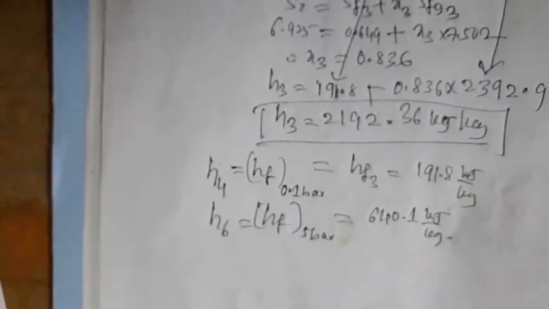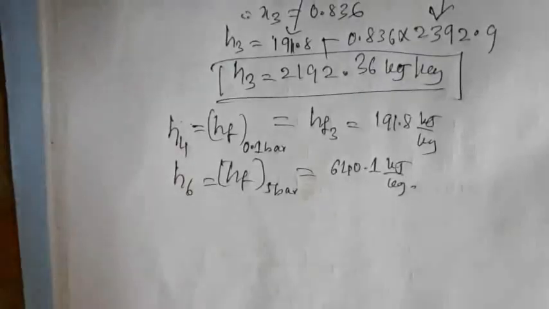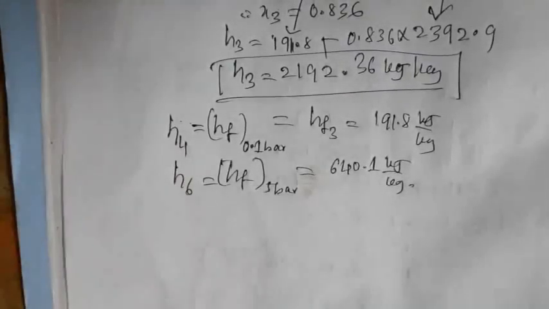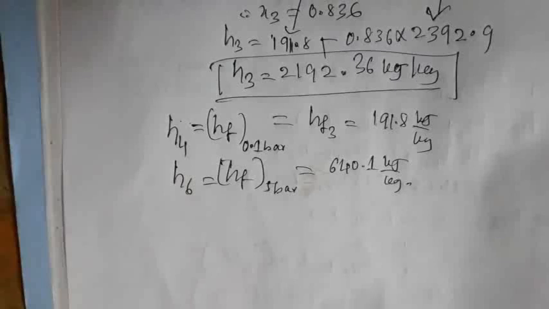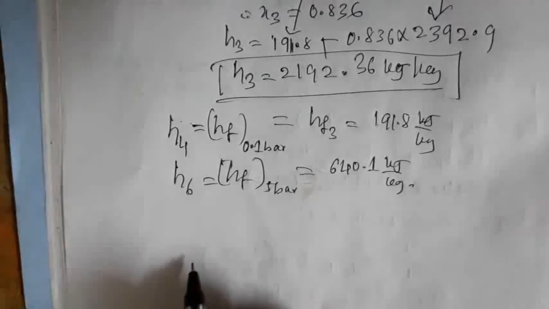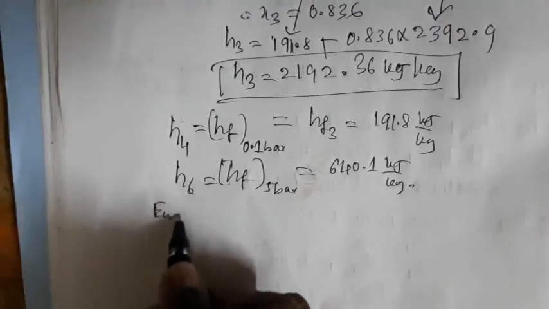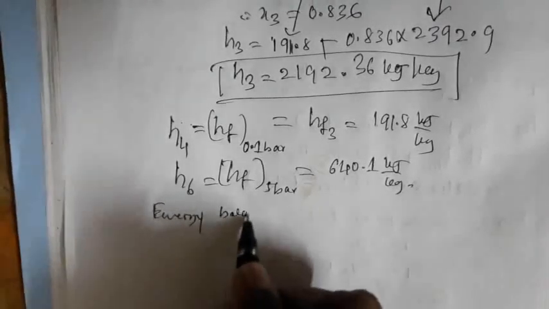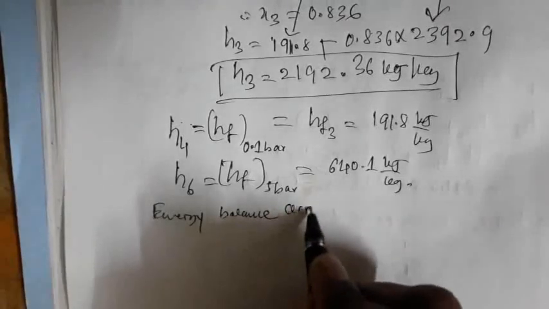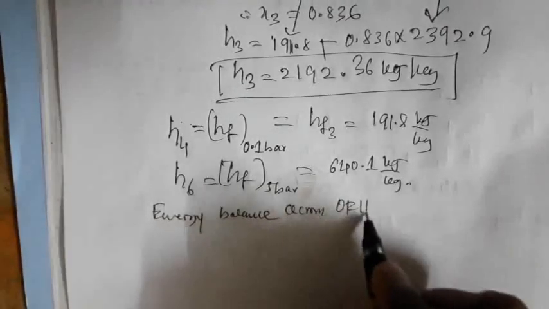So for obtaining the thermal efficiency, we'll calculate the mass of the steam bled by applying the energy balance across the open feed water heater.